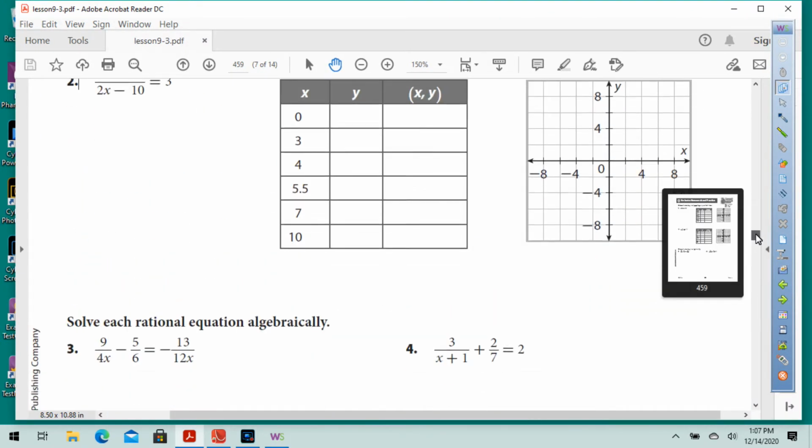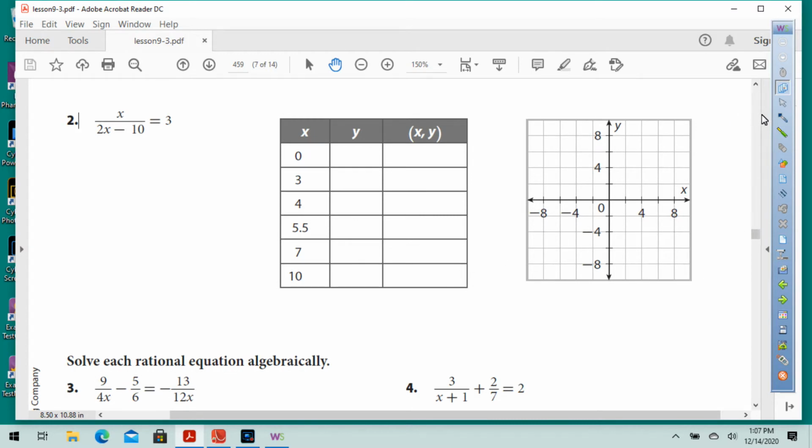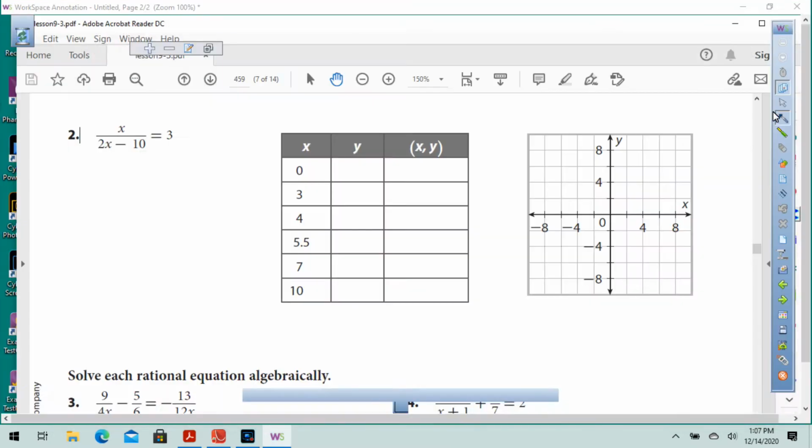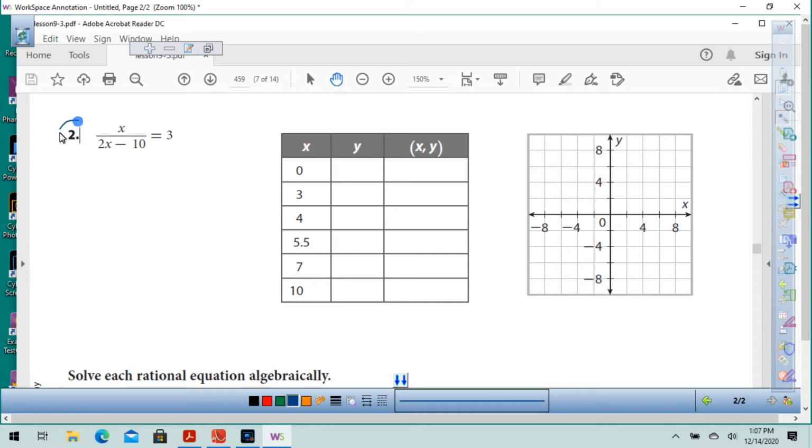All right, number 2. I would like for you to follow what we did on number 1, and you do number 2. To get credit, you must show your work. Just to be nice, I'll give you a negative. That's going to be 0, negative 3.